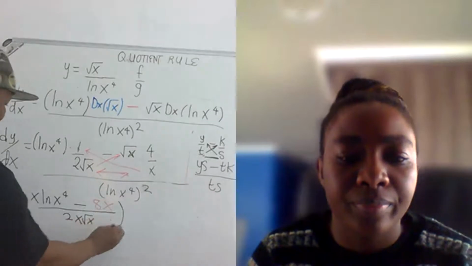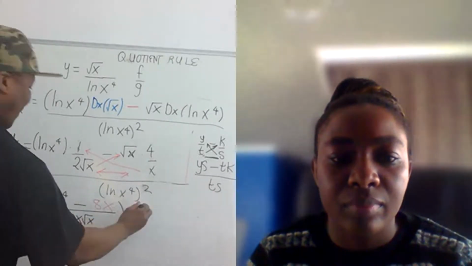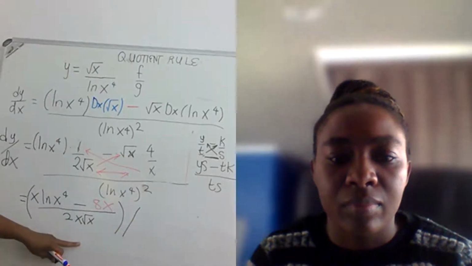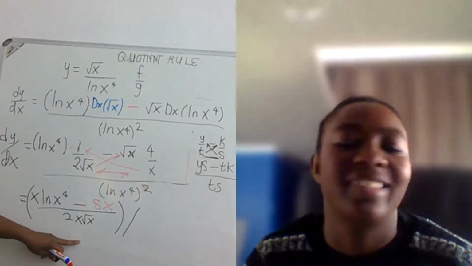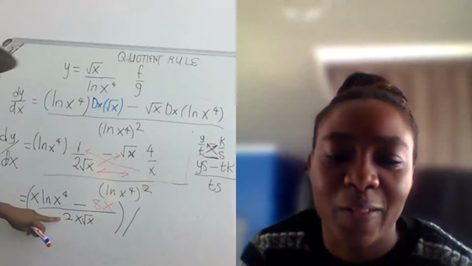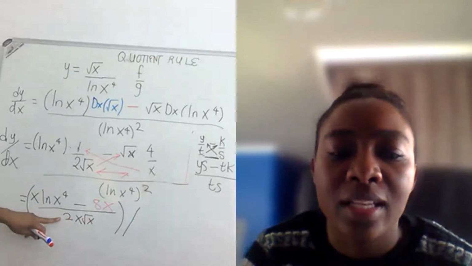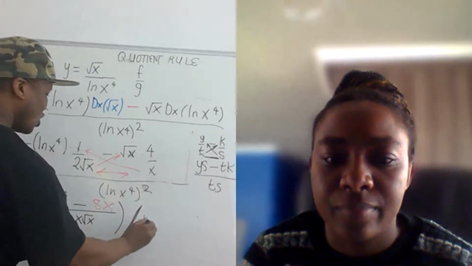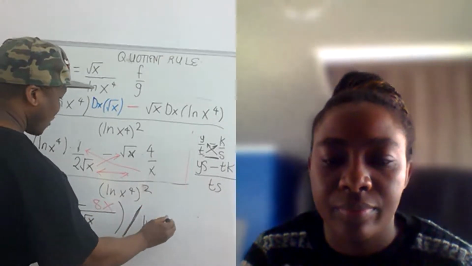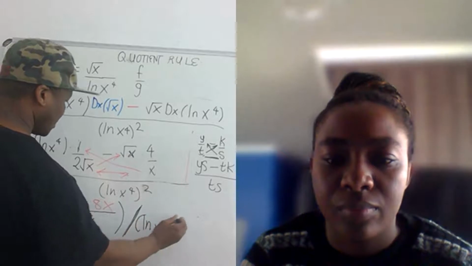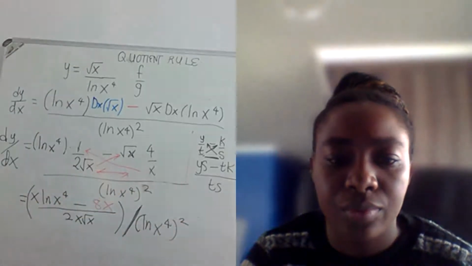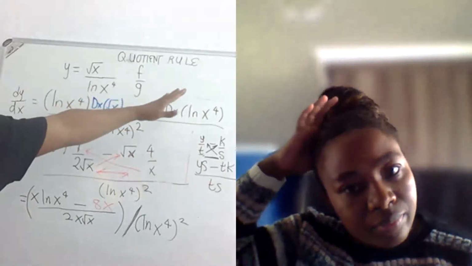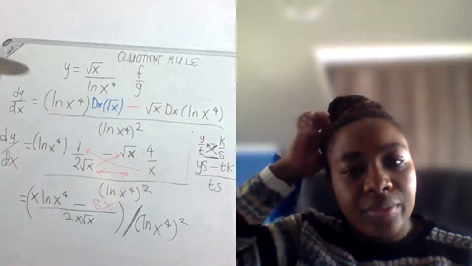But all this stuff is over what? Can you see what I wrote here? Yes, I see. So we are over what? Ln x to the power 4, what? Square. I'm going to erase this so we can finish it. Okay, cool.